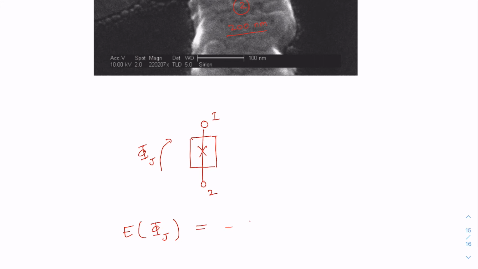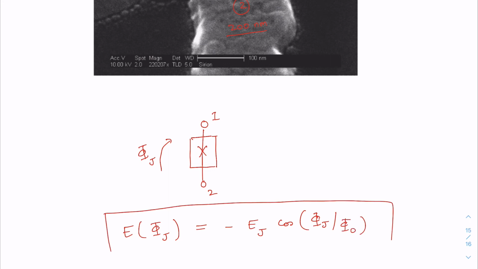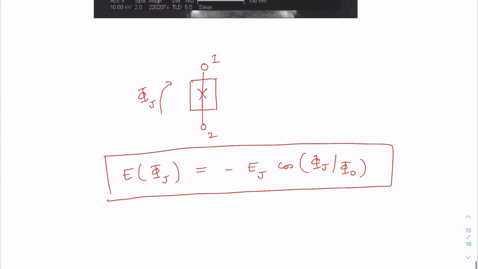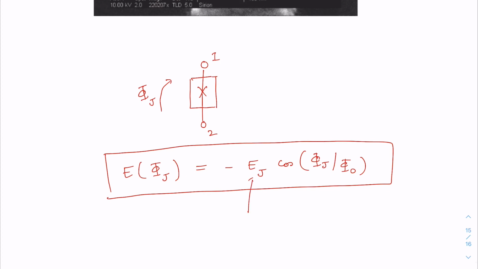It is equal to minus Ej cos of phi j divided by phi 0. Here Ej is the so-called Josephson tunneling energy, which you already know.